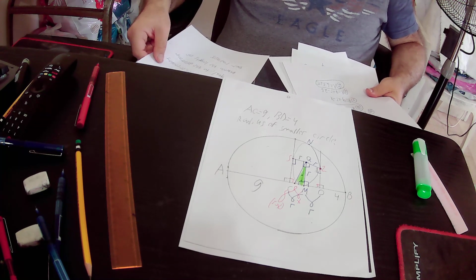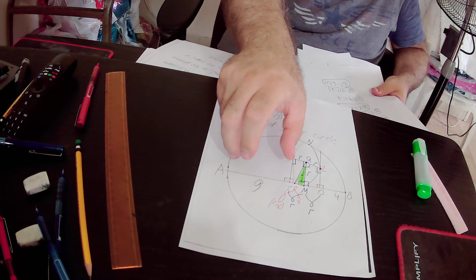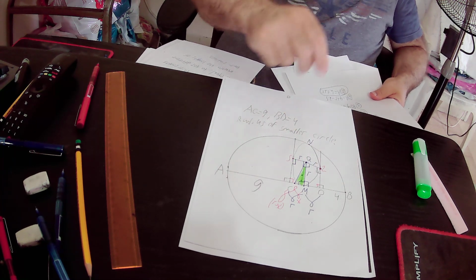Okay, and we also know that AC equals 9 units, DB equals 4 units.